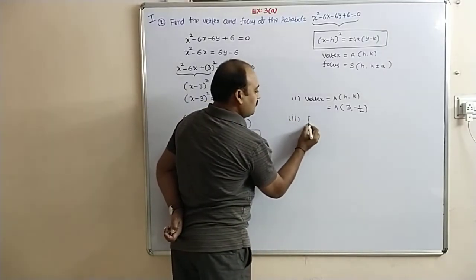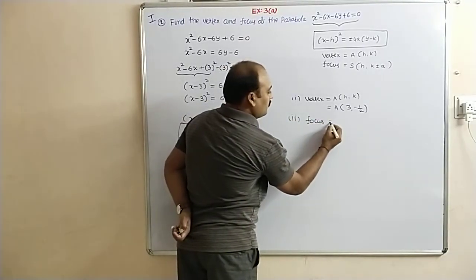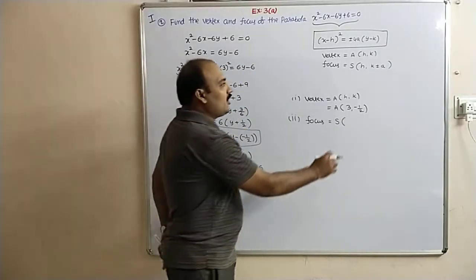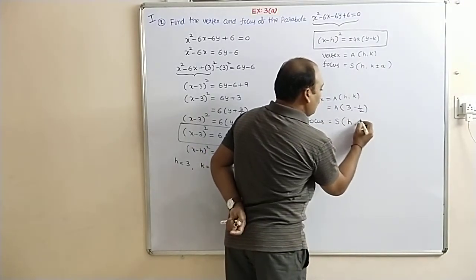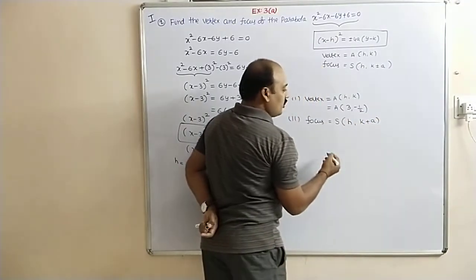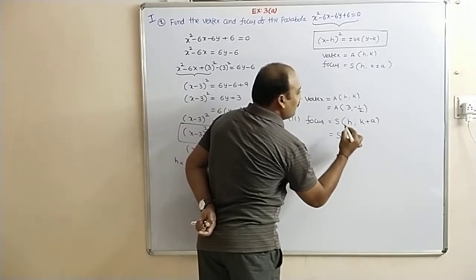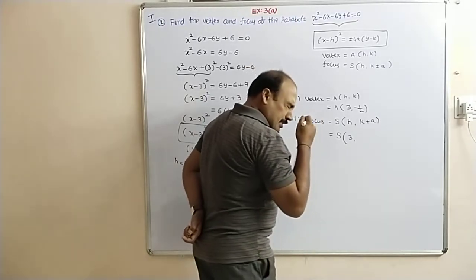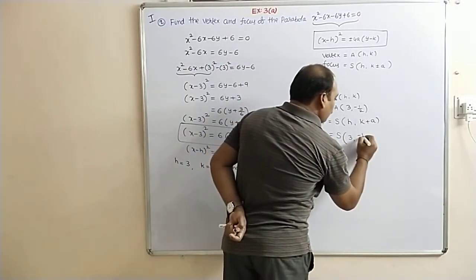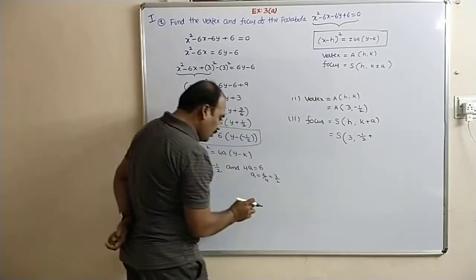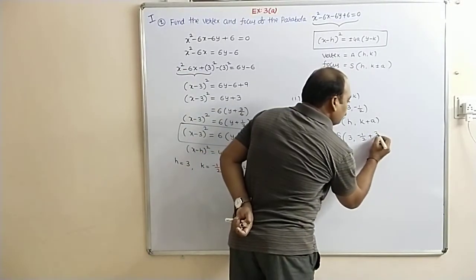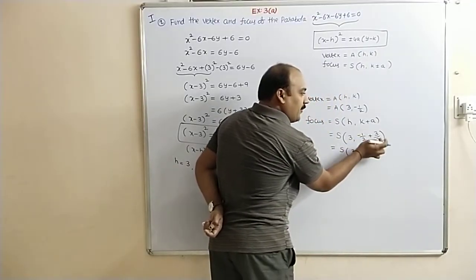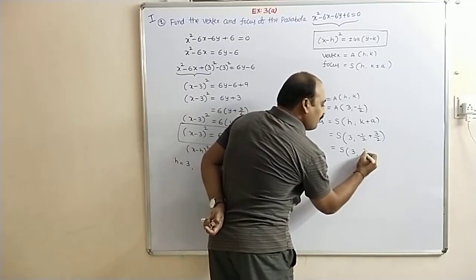Next, focus. S of, here plus is there, no? So here also you can take h comma k plus a, which is equal to S of h value is 3 comma, sorry, k value is minus 1 by 2 plus a value is here 3 by 2, which is equal to S of 3 comma 3 by 2 minus 1 by 2 is 2 by 2.